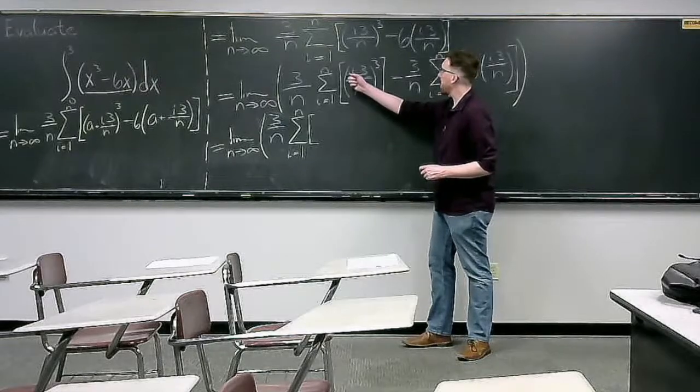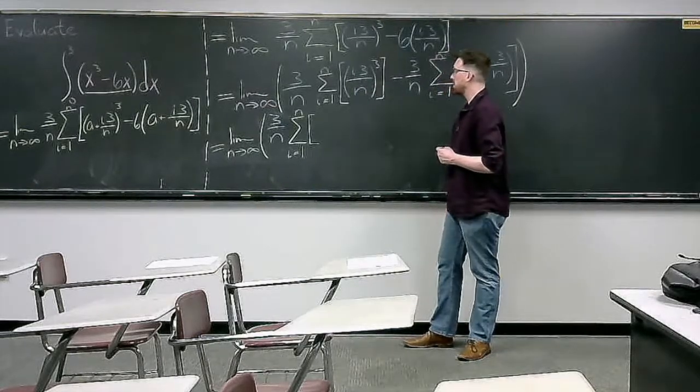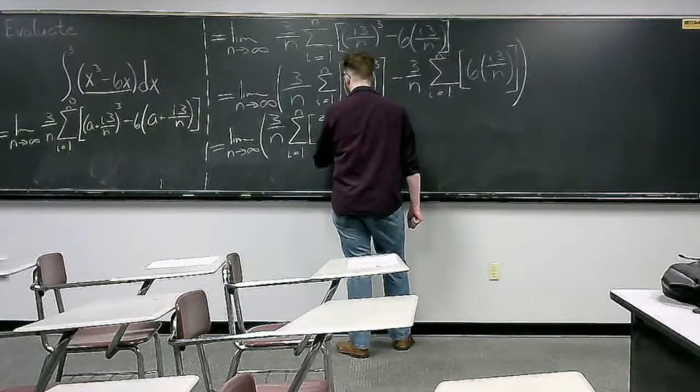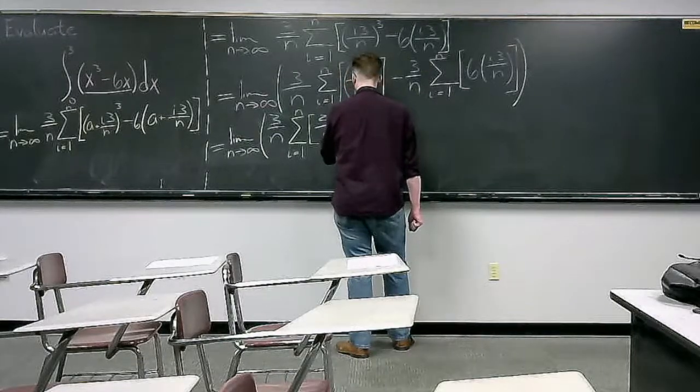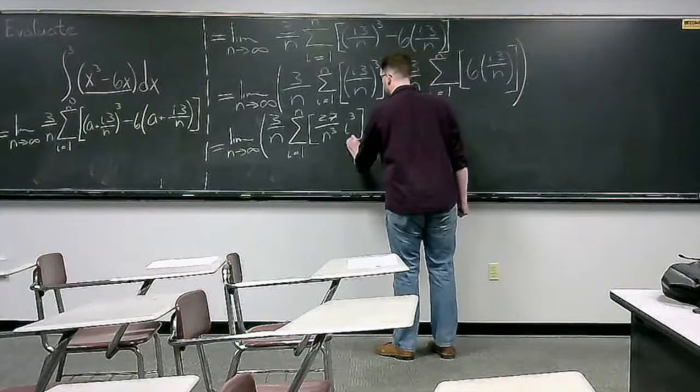So we're going to have i cubed times 27 over n cubed. I'm going to write that as 27 over n cubed, all that times i cubed. And you'll see why in just a minute. It'll make sense, I promise.